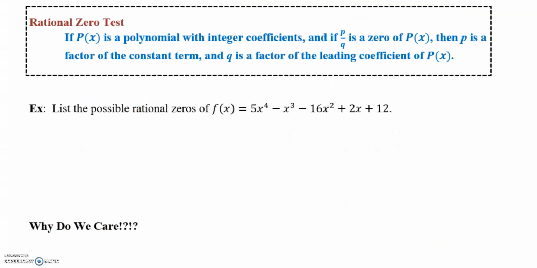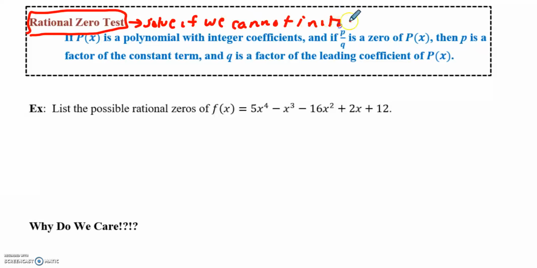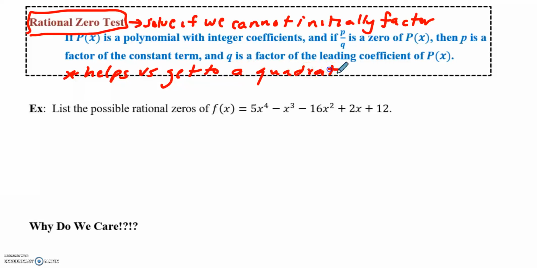Now, after that review, we're on to the main part of our lesson, which is about the rational zeros test, which helps us solve if we cannot initially factor, and it also helps us get to a quadratic so that eventually we can factor.